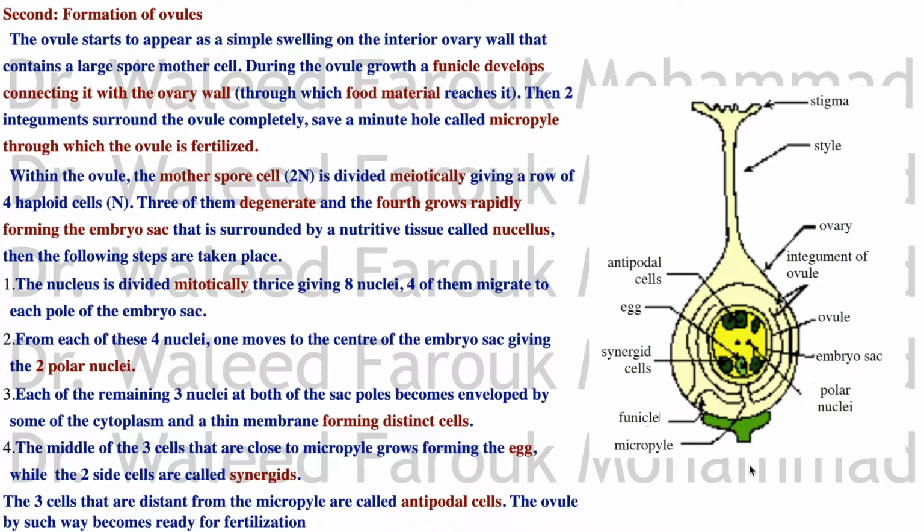Then the following happens. The nucleus divides mitotically 3 times. When you count this 3 times, it will produce 8 nuclei.